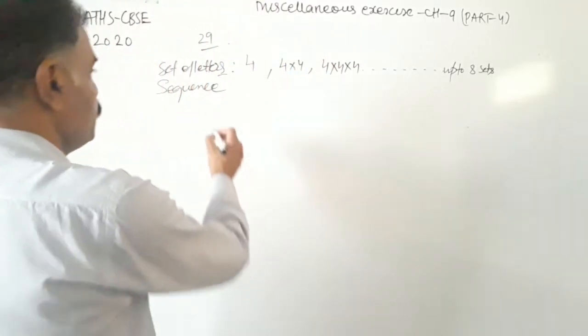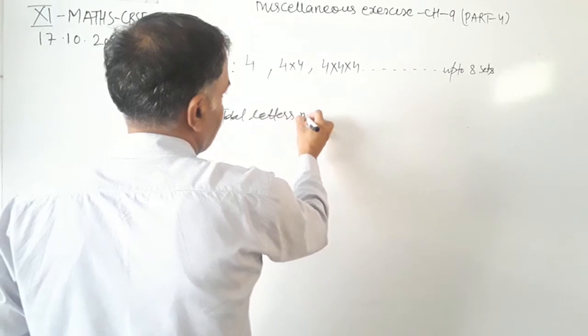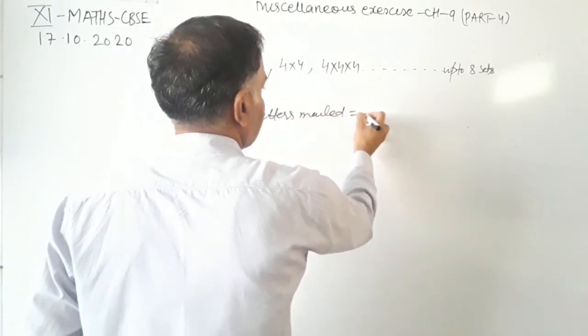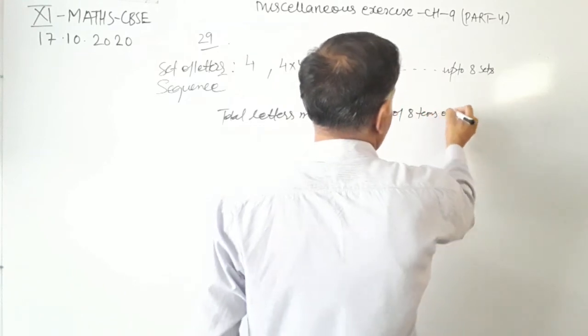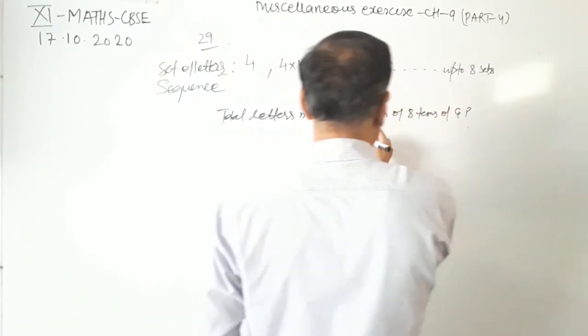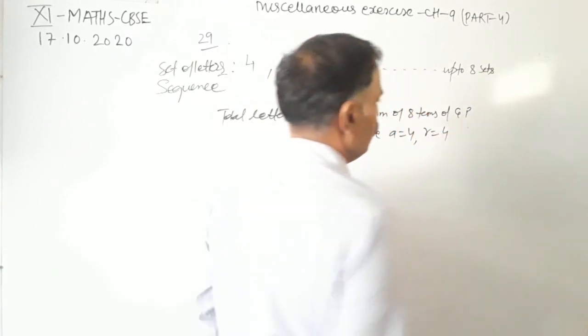So the total letters mailed equals the sum of 8 terms of a GP where the first term is 4 and the common ratio is also 4.